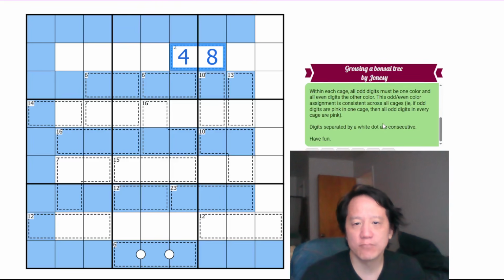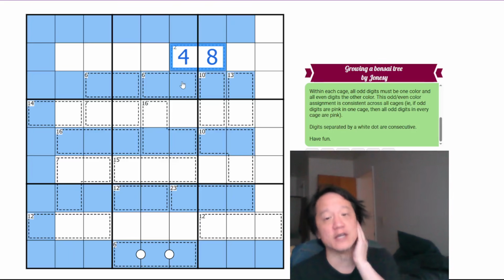Within each cage, all odd digits must be one color, and all even digits the other color. This odd-even color assignment is consistent across all cages. That is, if odd digits are pink in one cage, then all odd digits in every cage are pink.